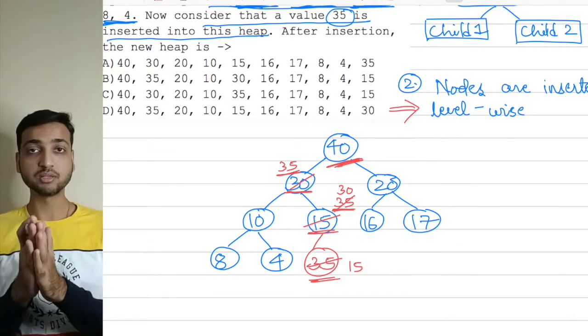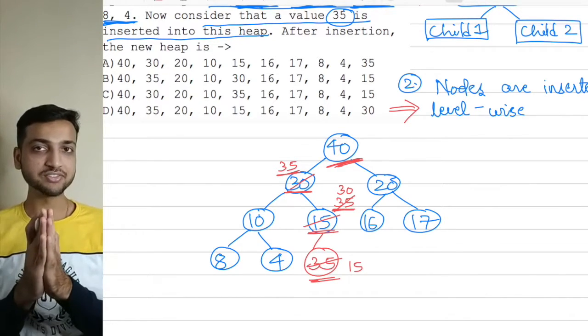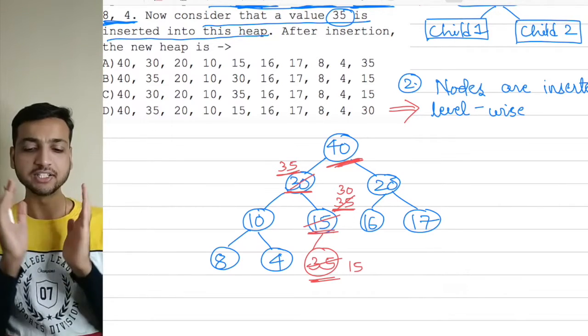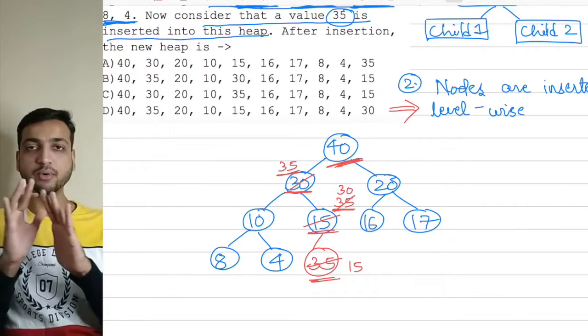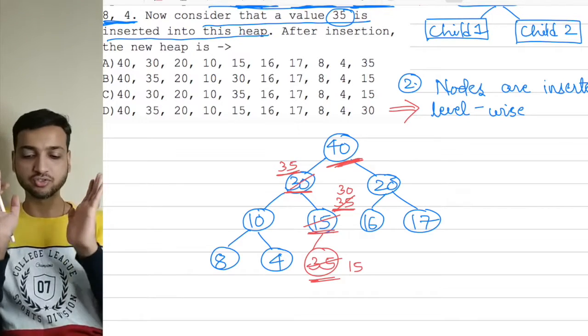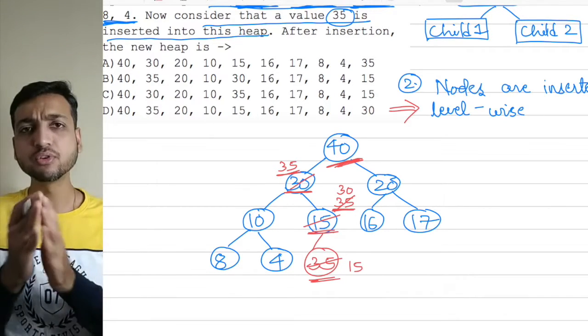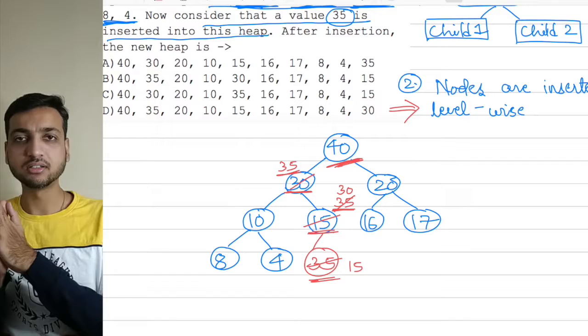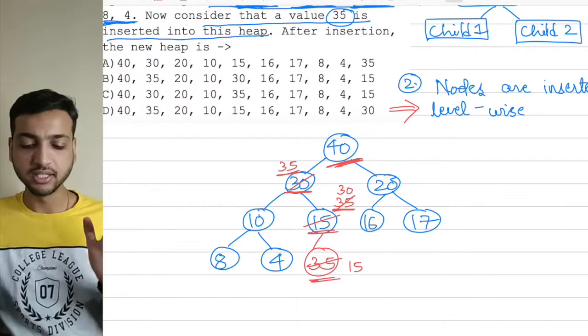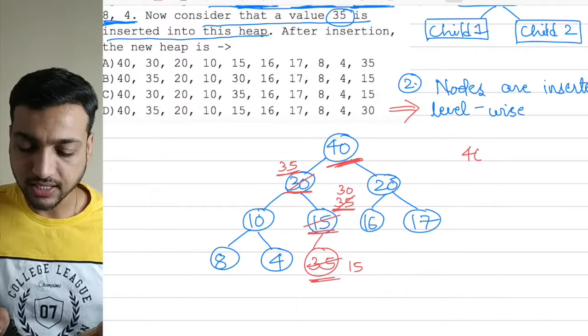Again, we have to check the property. Yes, the property is satisfied here. 40 is definitely greater than 35. So that's it. Now our heap is in a stable structure. Now we're going to write a level order traversal of this heap. You can see 40 is at level 1.